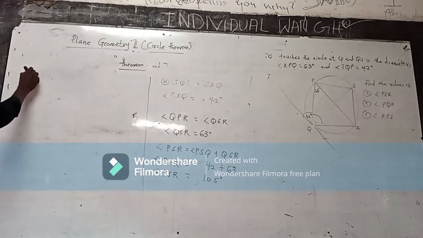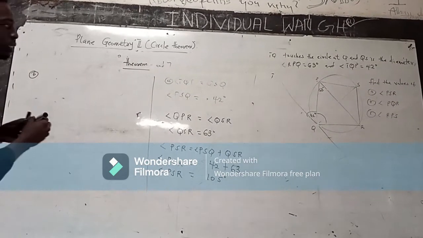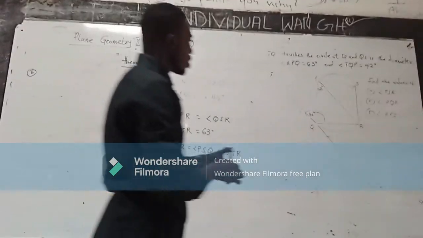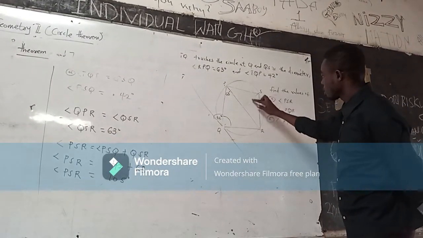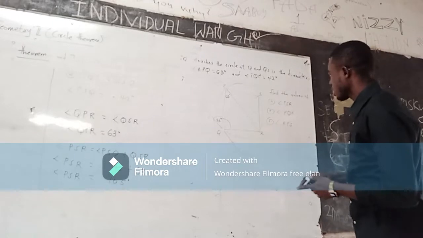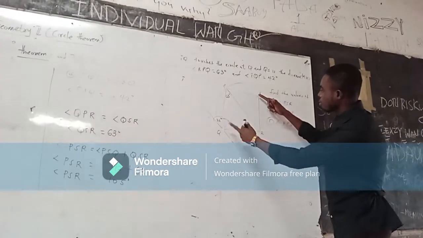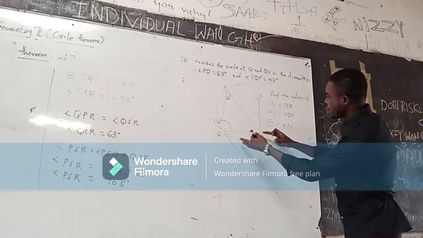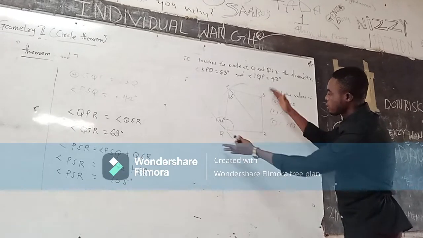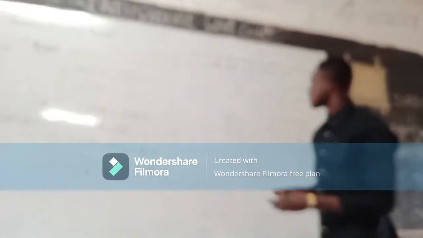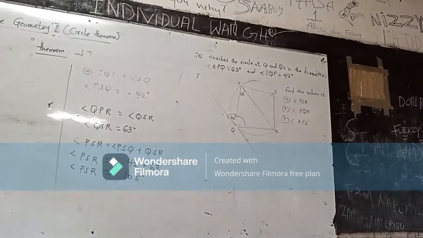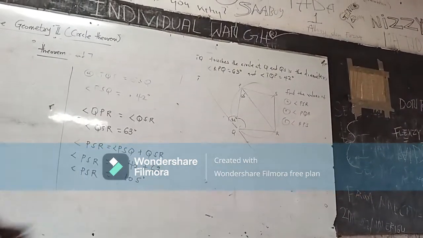So B, let's use a simple way to work this one. Once we have this here, we have already learned that when you sum up two angles built with the same chord, opposite, they should sum up to what? 180. So let's use that one.